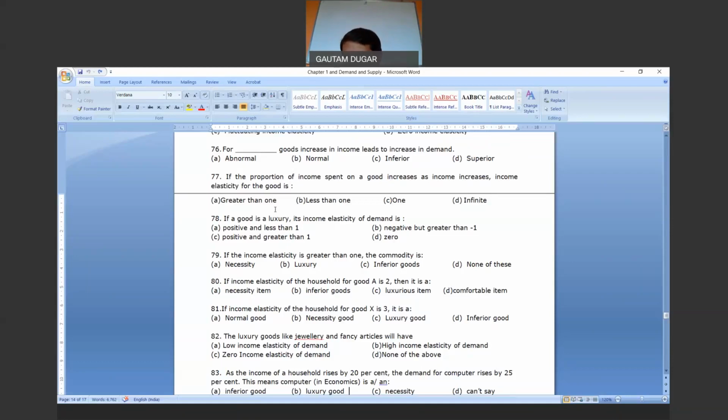Option A, that's right. If a good is a luxury, income elasticity will be positive and greater than 1. 78 is C. So these are questions from income elasticity, just giving you samples.